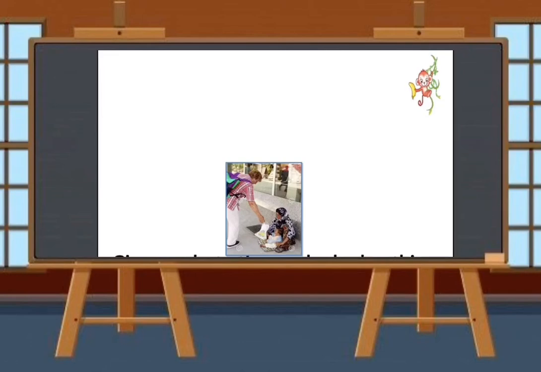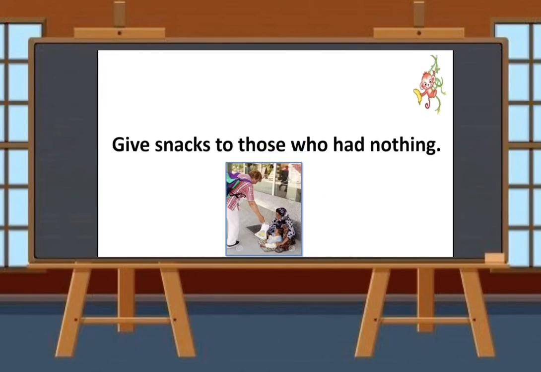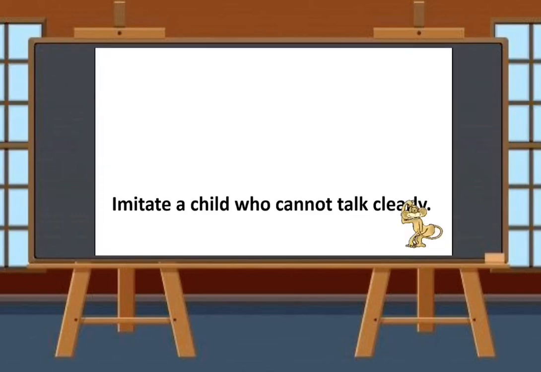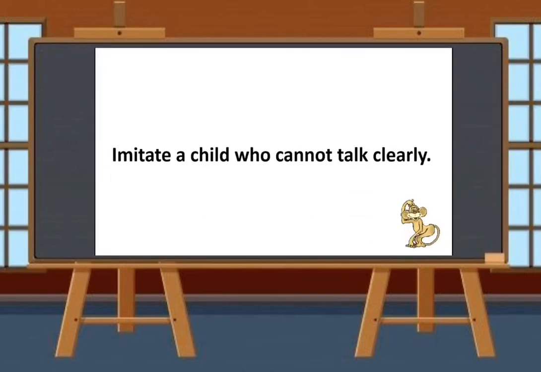Number 2. Give snacks to those who have nothing. It's awesome! The answer is happy face. Next is imitate a child who cannot talk clearly. Very good! The answer is sad face.